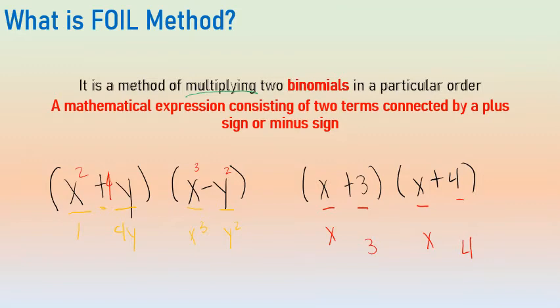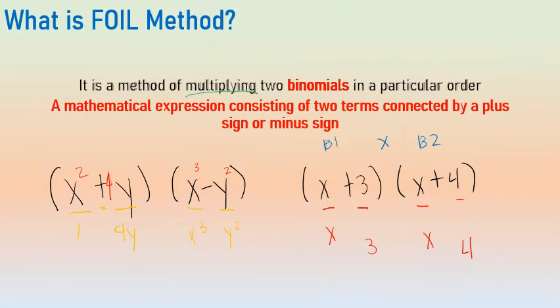If we are to multiply itong dalawang binomials na ito, say, we have here binomial 1 and we have binomial 2. If we are to multiply them with each other, ang kailangan natin gamitin is the FOIL method. Okay?